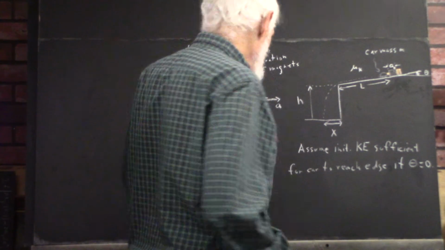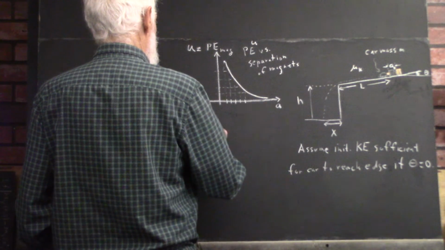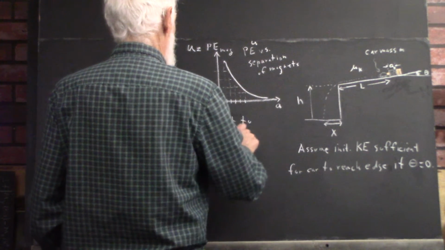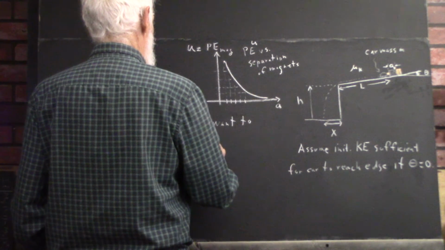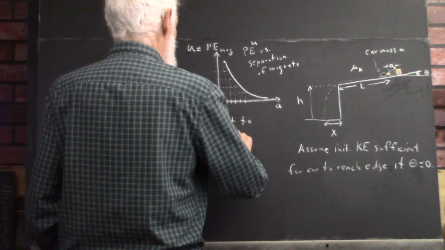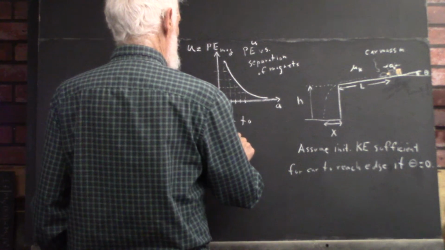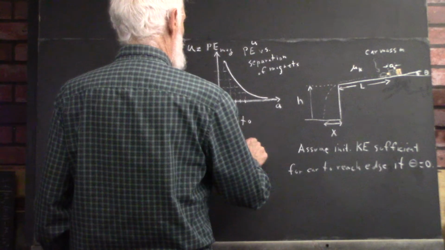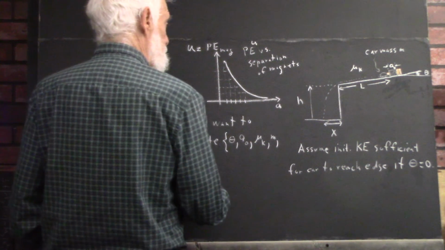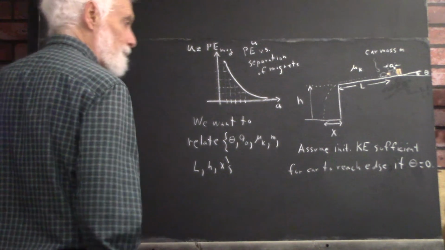Well, what we want to do is relate the set of possible variables: theta, A naught, mu k, m, l, h, and x.